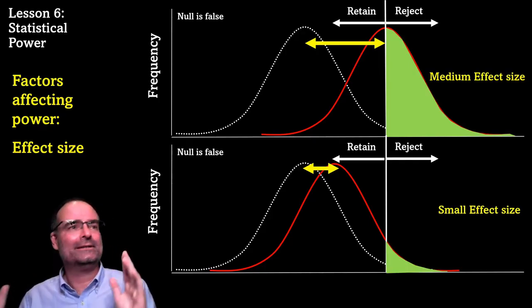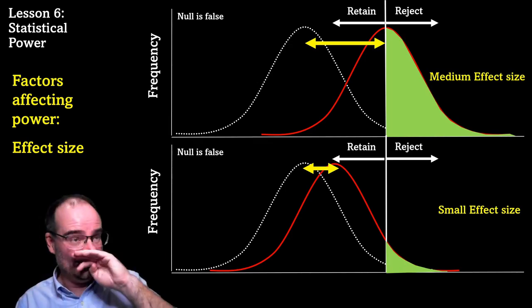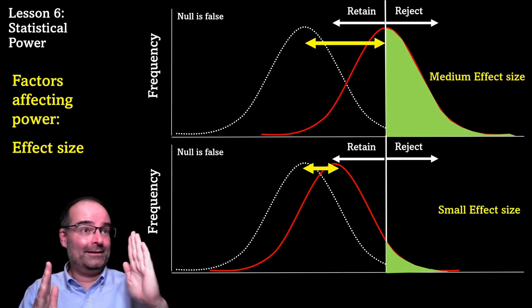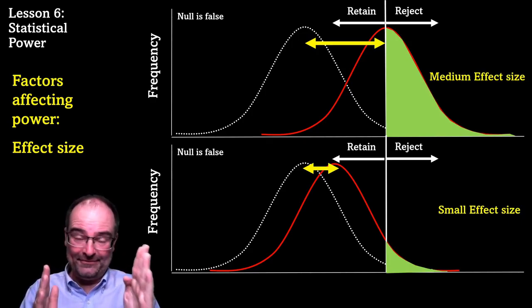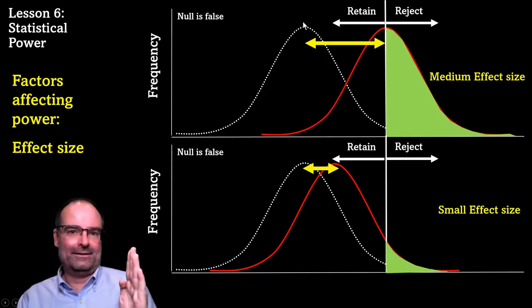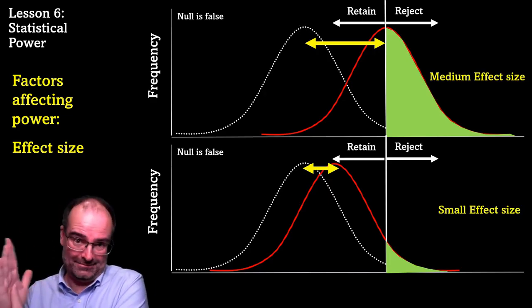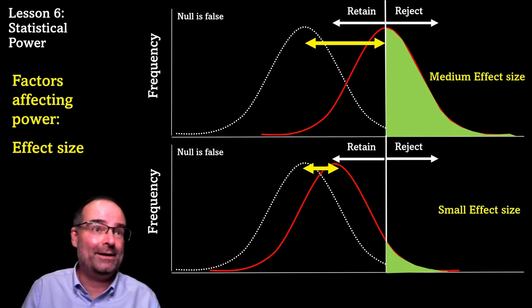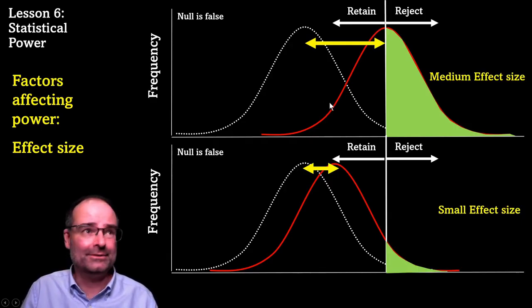That's effect size. We see it graphically, now look at the graph, in terms of the distance between the hypothesized null mean of no effect, the top of this peak here, and the peak of the actual effect, the actual distribution of what's actually happening over here. So I've got effect sizes there with the yellow arrows.